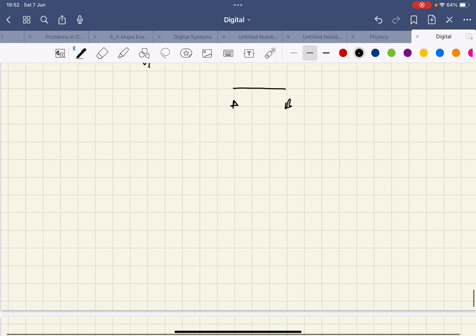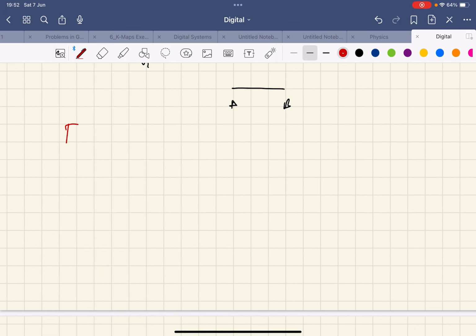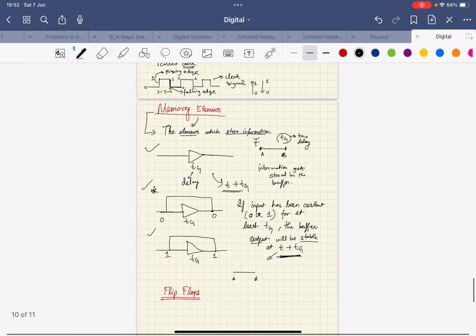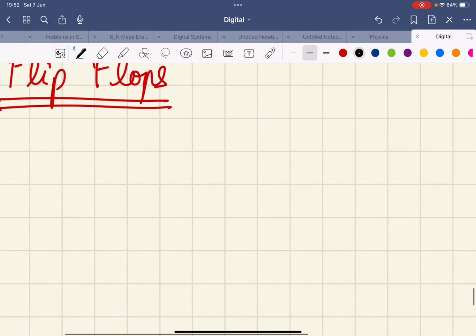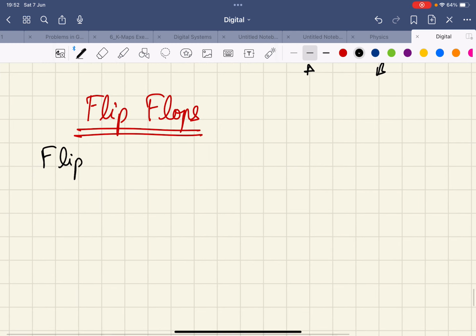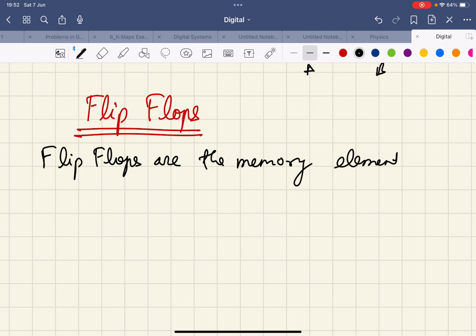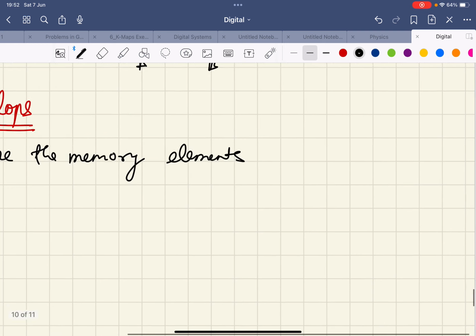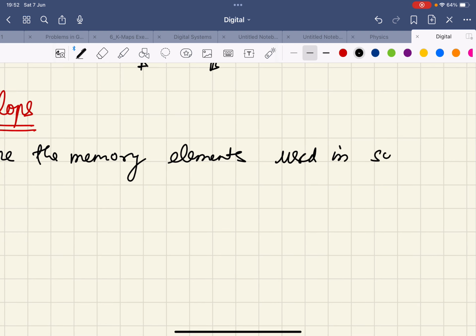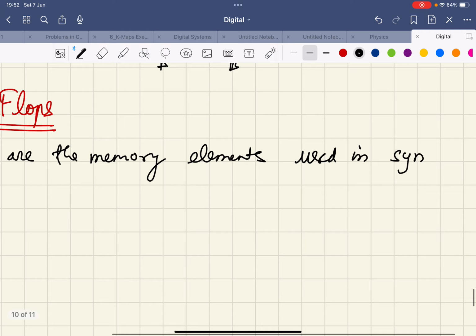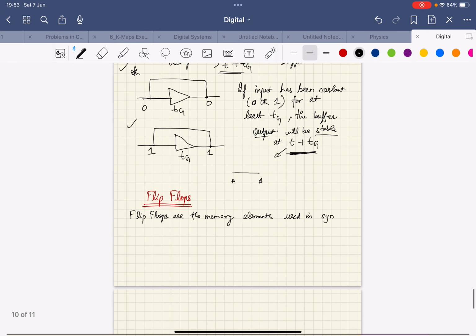Next point is flip flops. What are flip flops? So flip flops are the memory elements. That's why we studied memory elements. Flip flops are the memory elements used when there is a clock signal, because without a clock there will be no time delay.